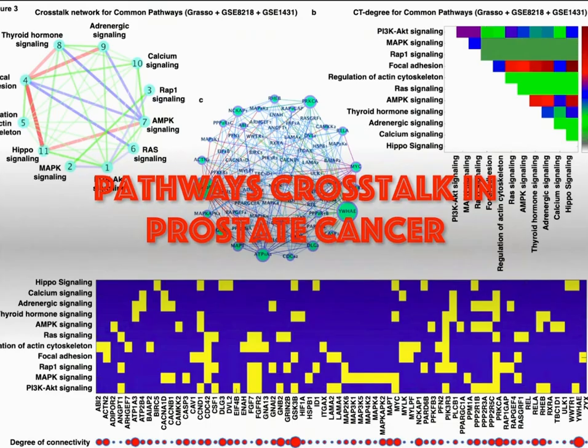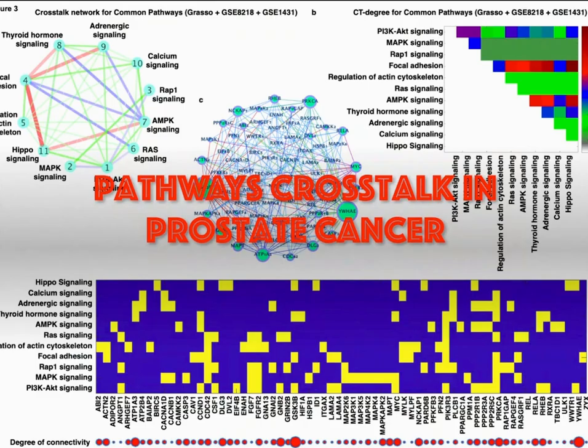So then figure B is showing the crosstalk scores for all the 11 pathways. And figure C is showing, in the last bottom line figure here, all the 11 pathways with those proteins or genes, and in how many pathways they are present.